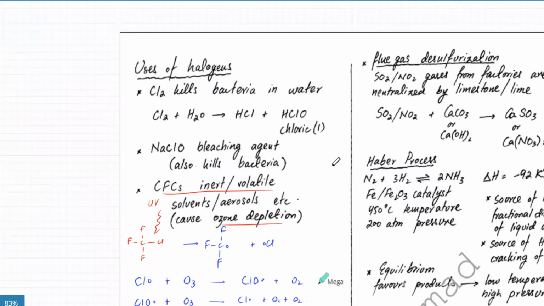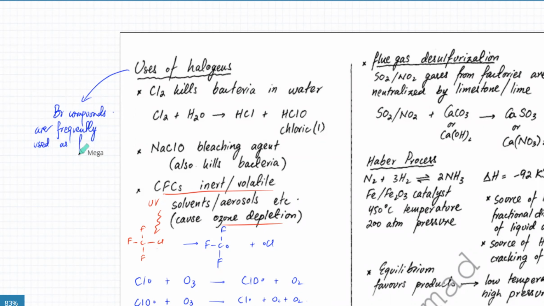But you should also add that there's bromine. Bromine compounds are frequently used as fire retardants.